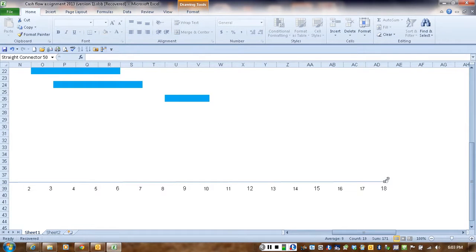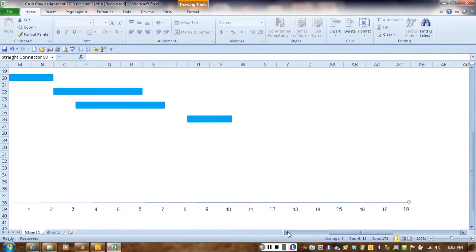See what I'm saying? I'm just drawing a very simple bar chart based on the calculations that we had here at the top.